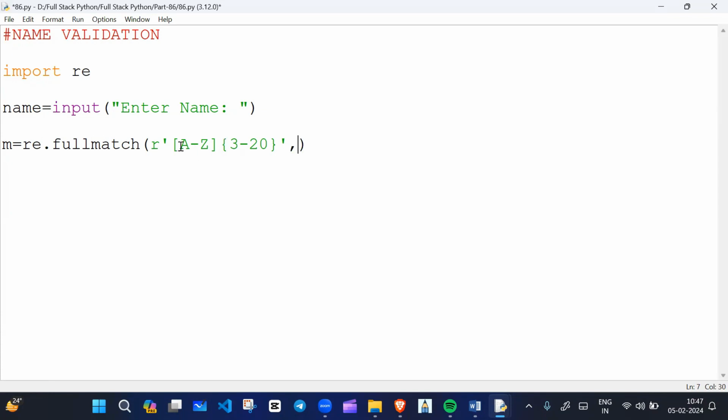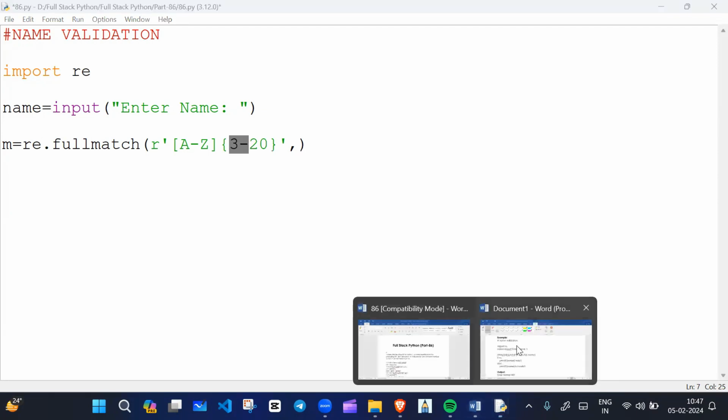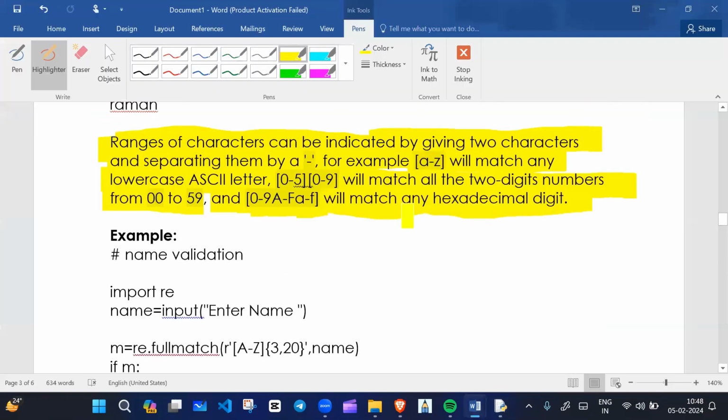So this is our range. Our range is a to z and 3 and 20. This is the m value and this is the n value, right? Or we can simply say this is the range. See here.